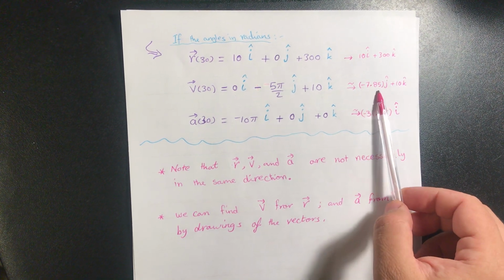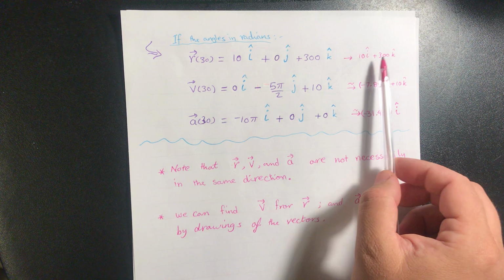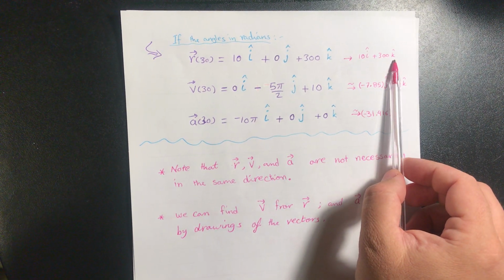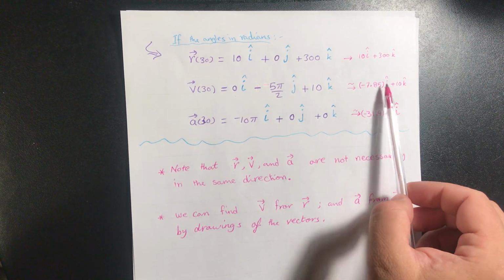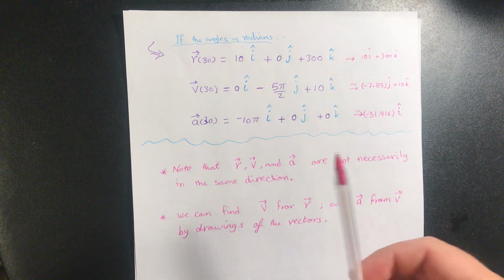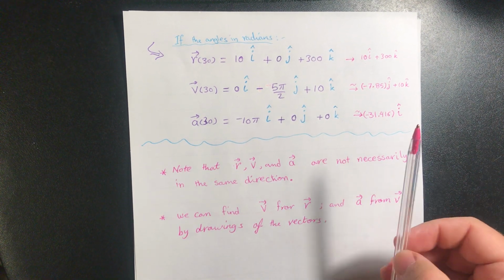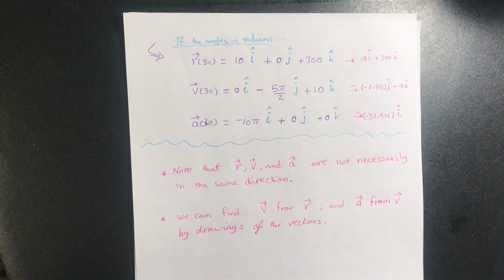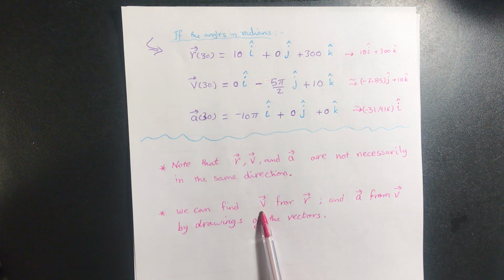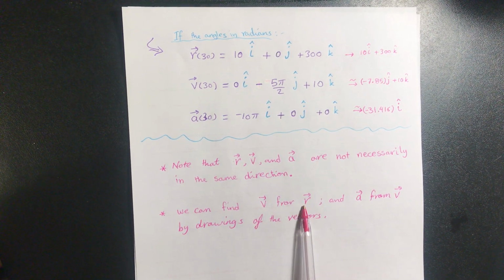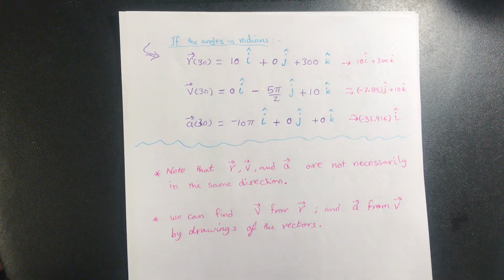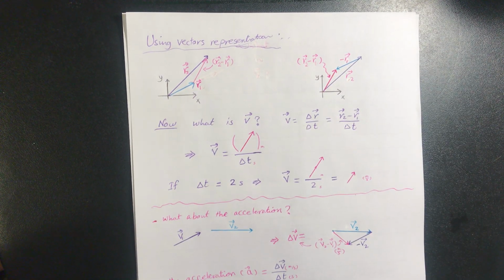The velocity is in the y and z directions. So each one of them has its own direction and its own magnitude and length. We can find v from the position, and find the acceleration from the velocity using the drawing of vectors. You will use that in the lab section.